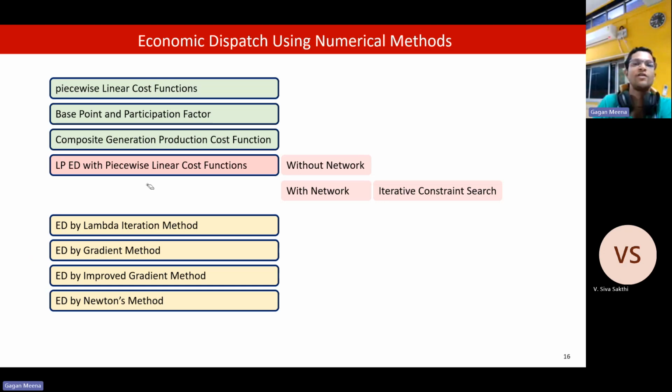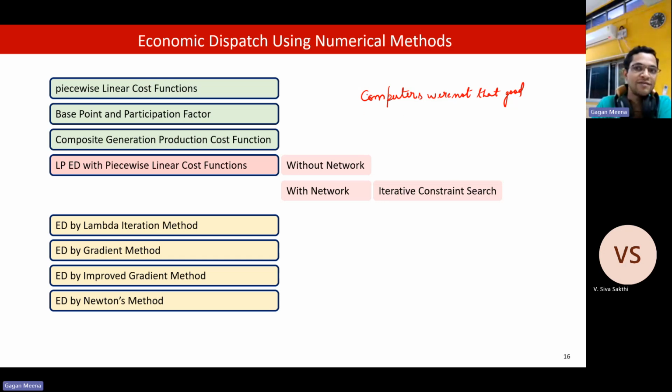Initially, when these methods were developed 30, 40 years back, computers were not good for large calculations. Now we have very fast computers and processors. We can solve very complicated problems also.